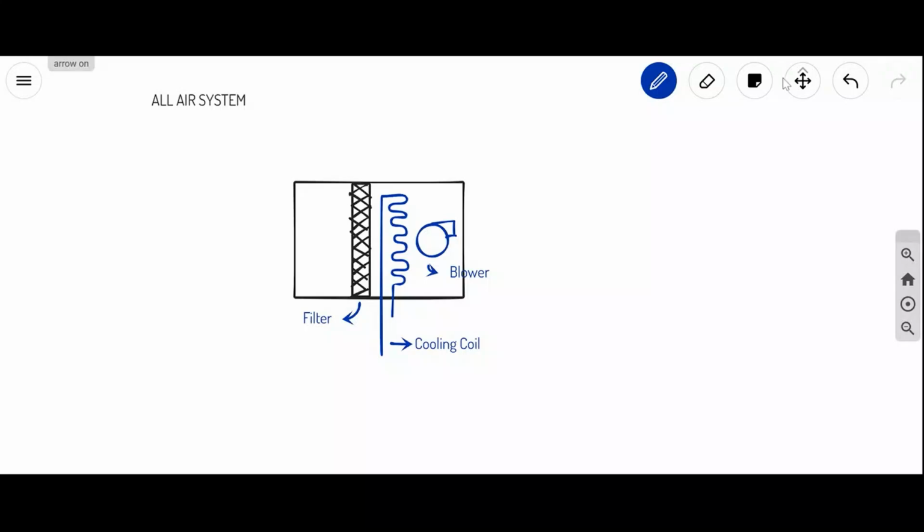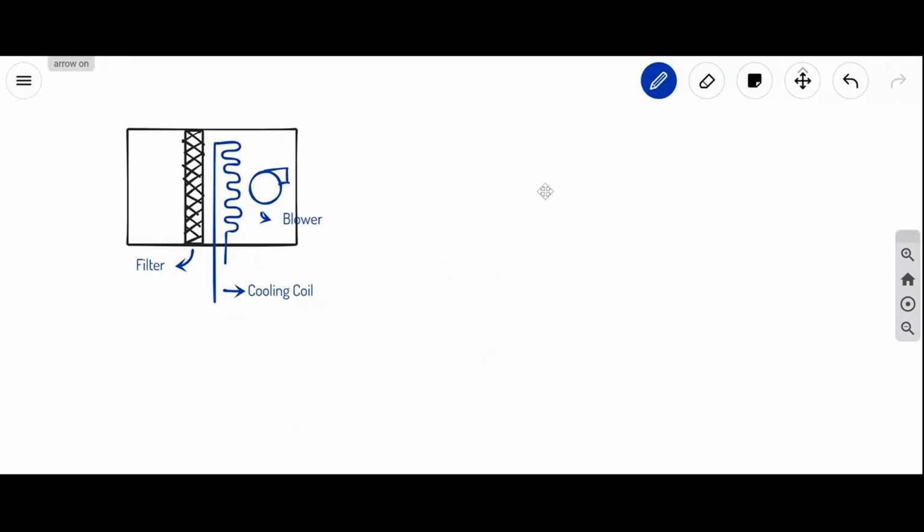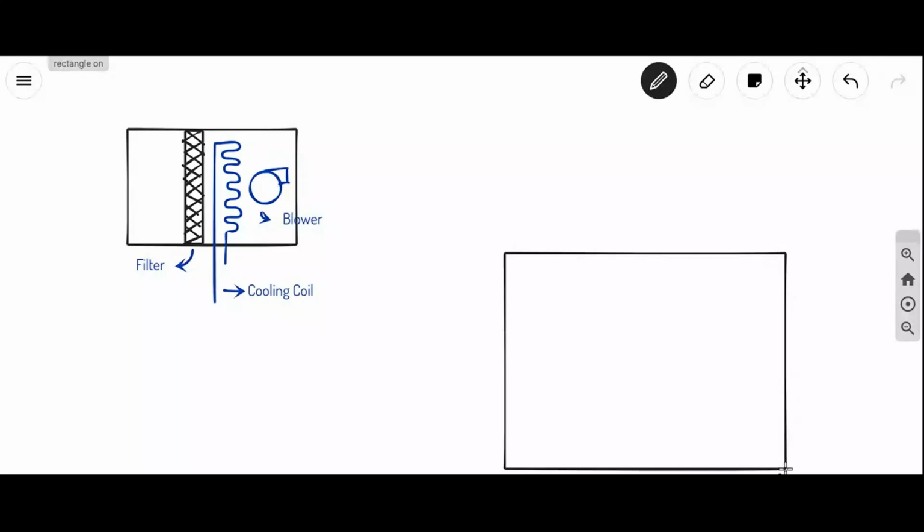Suppose I have an application which requires 600 CFM of air.